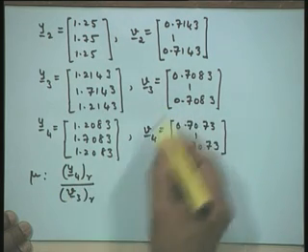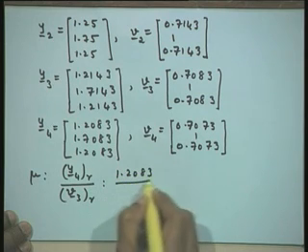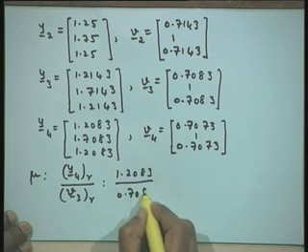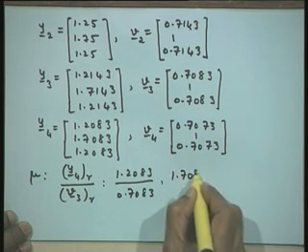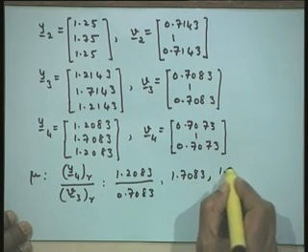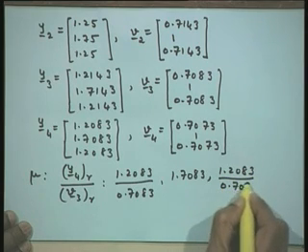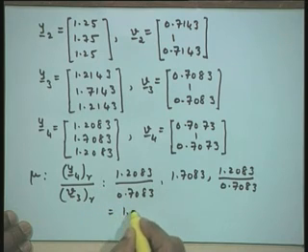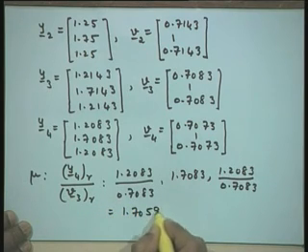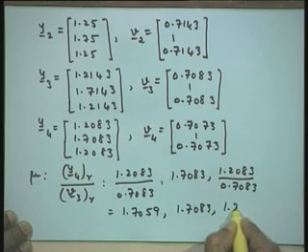So, the ratio of these components: 1.2083 by 0.7083, this divided by this is 1.7083, and this is 1.2083 by 0.7083, and these values are 1.7059, 1.7083, 1.7059.